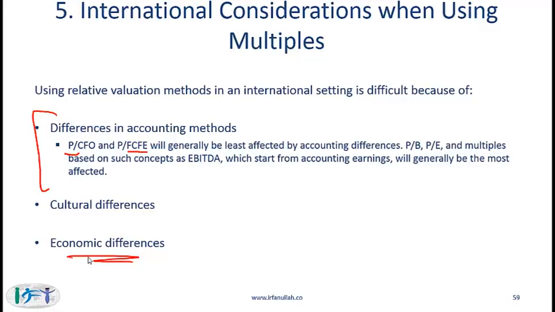If a given part of the world is experiencing a tremendous amount of growth, then obviously fundamentals such as GDP growth and cost of capital and so on will be very different from other parts of the world which have a different economic situation. So bottom line is that you need to think real hard before simply comparing ratios for companies that are operating in different parts of the world.